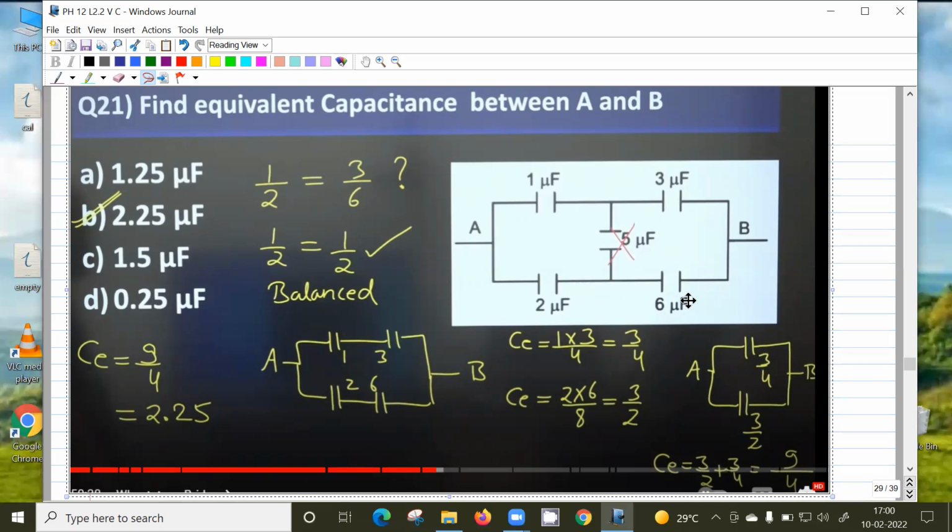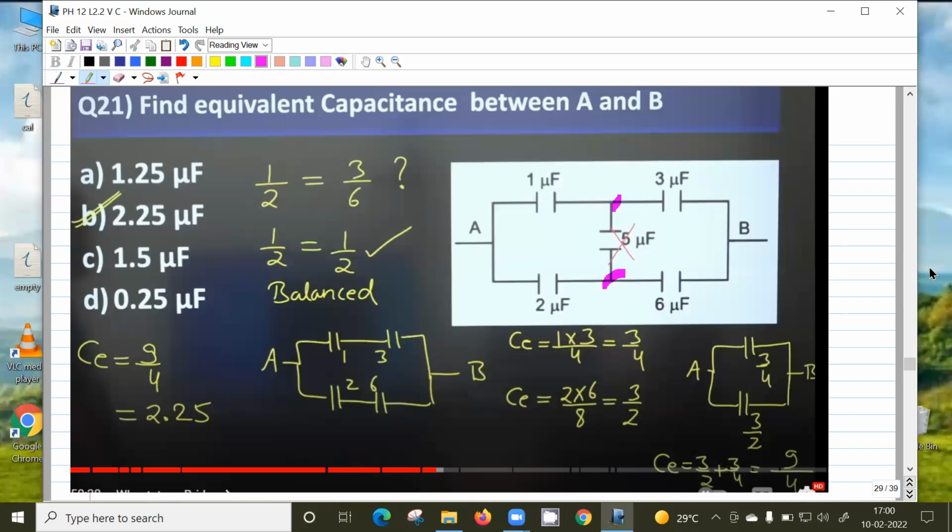That means the potential at this point and at this point are the same. So you have an element connecting two points with the same potential, as if it is not there, so you can remove it. Once you remove it, these two are in series, these two are in series, and then these two are in parallel. So it's a simple circuit, and you'll get the answer here.